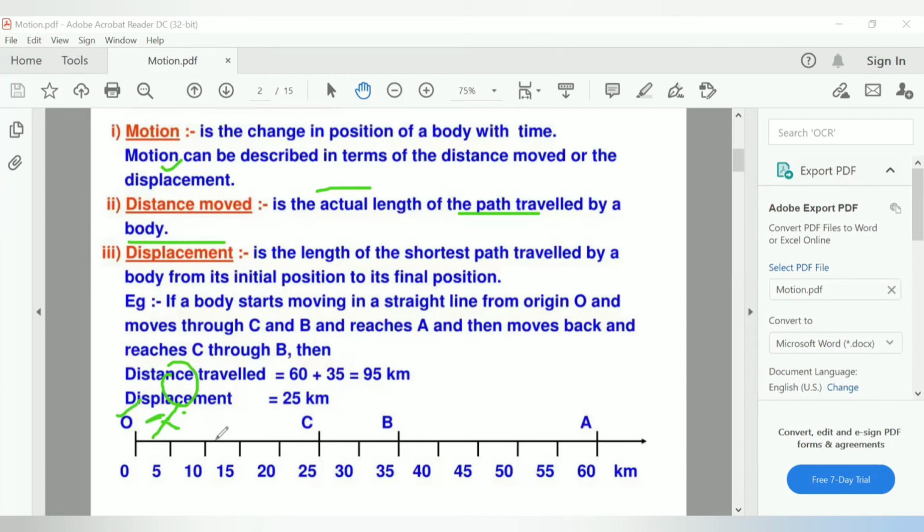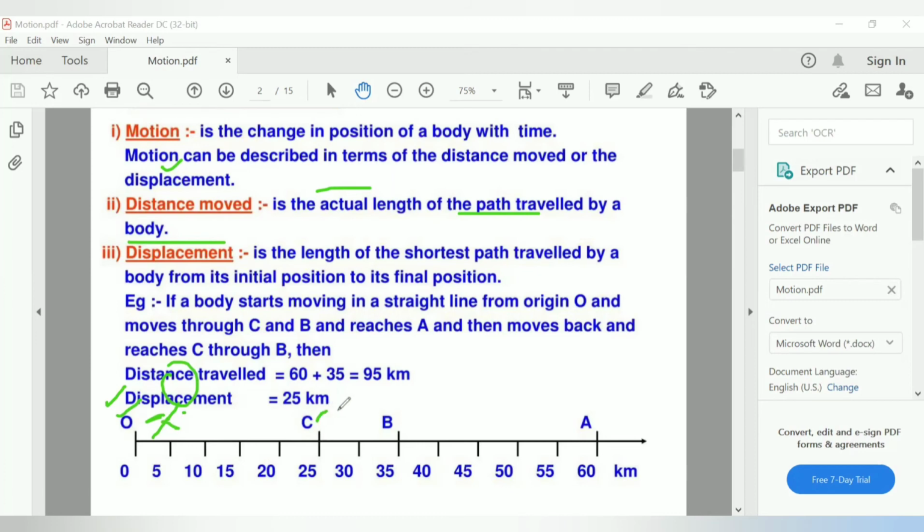Distance is the actual length of the path traveled by a body. Now this person starts from O and reaches point C. I can say that this person has covered 25 kilometers of distance, right?